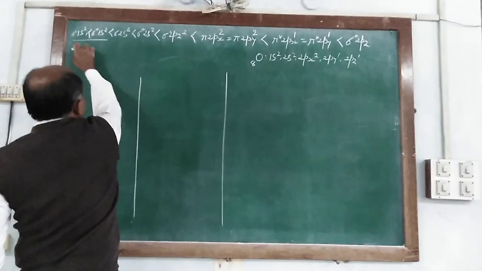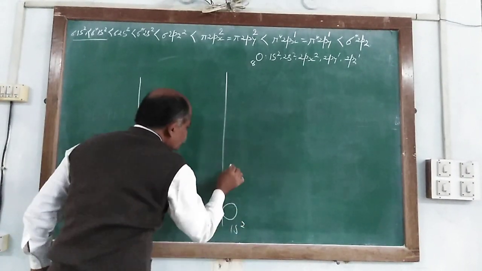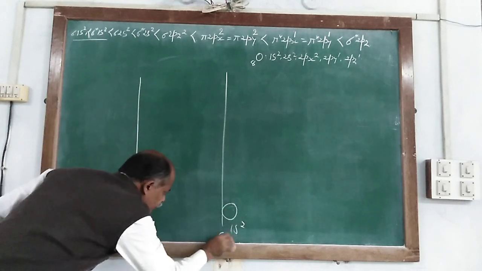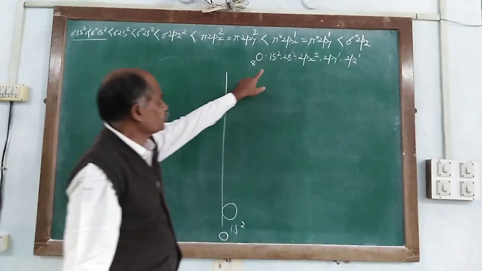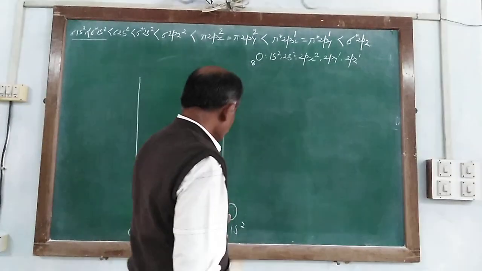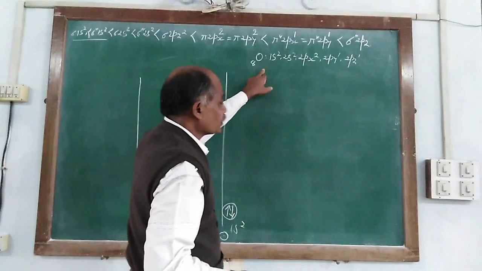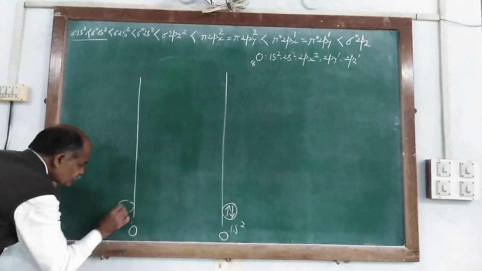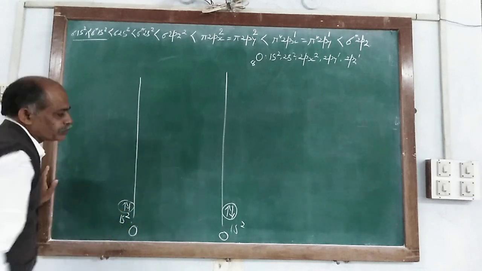Here we write one oxygen and another oxygen. Each oxygen has the electronic configuration 1s2, so the 1s orbital has 2 electrons. Similarly, the other oxygen also has 2 electrons in its 1s orbital.